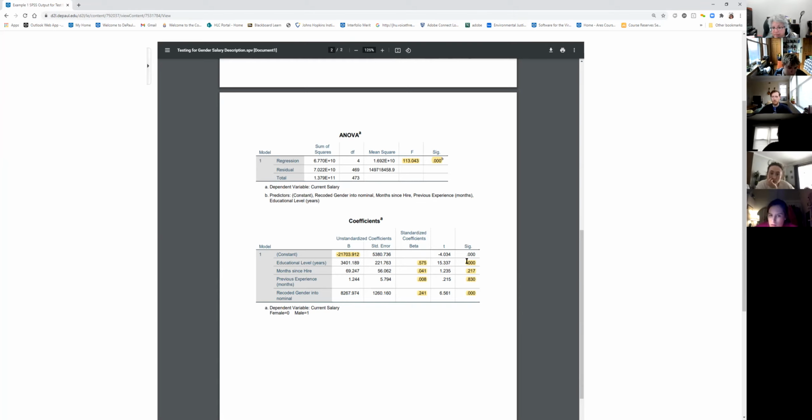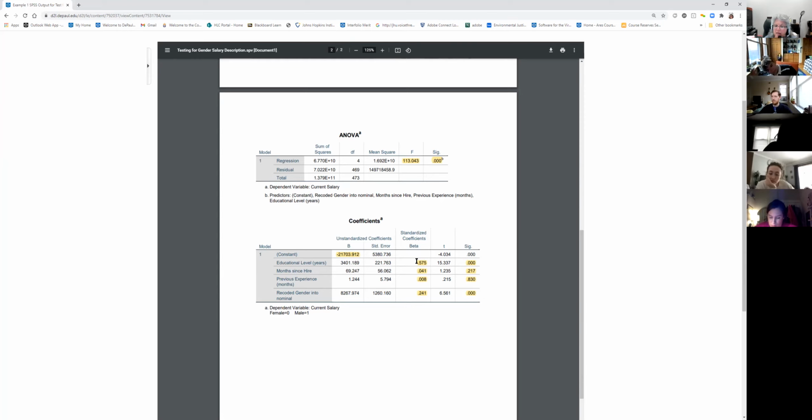Say that again. I will, but don't forget, I do have it typed up for you. But sometimes writing it helps inculcate it too. So it's not bad to write it out either. In comparing people, the higher the educational level, comma, the greater the current salary.